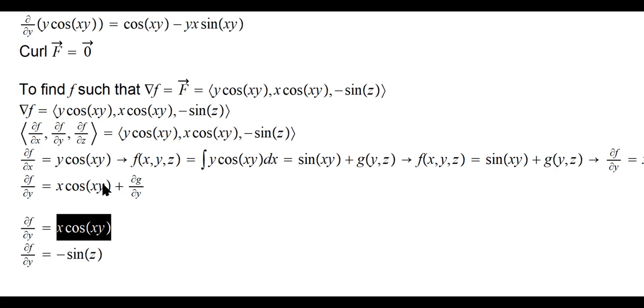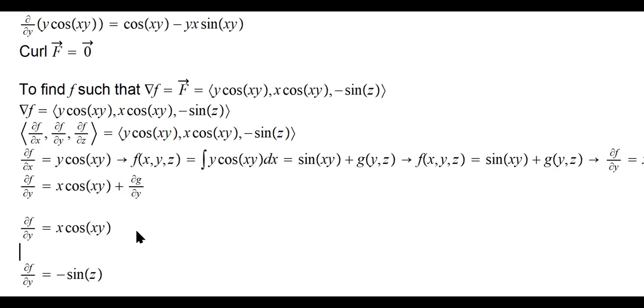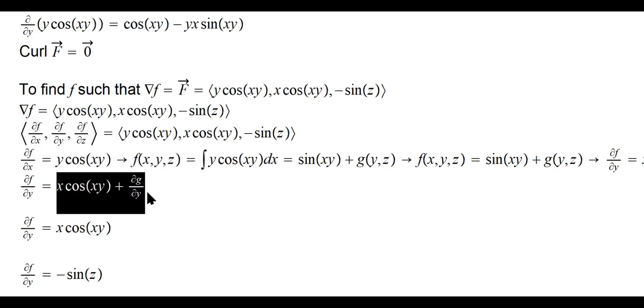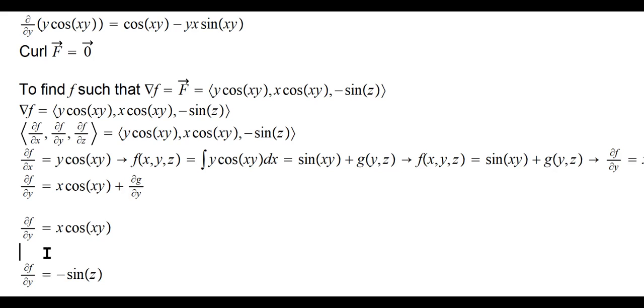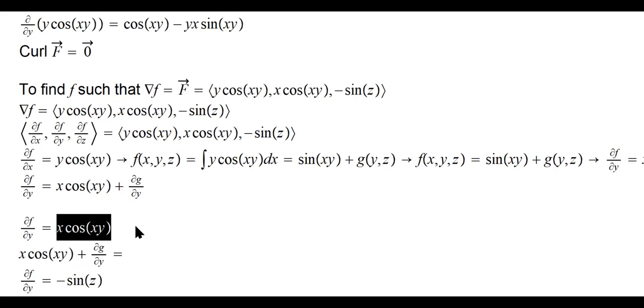So if we set these two quantities equal, then what turns out is that dg/dy is 0, okay? Now g is a function of y and z. So if dg/dy is 0, that means that g is a constant in y, not necessarily in z.